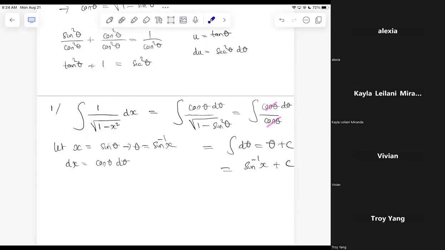But after we do the trig substitution by setting x equals sine theta, you are able to convert this into just the integral of d theta. It's just theta plus c. It's something that you can evaluate.